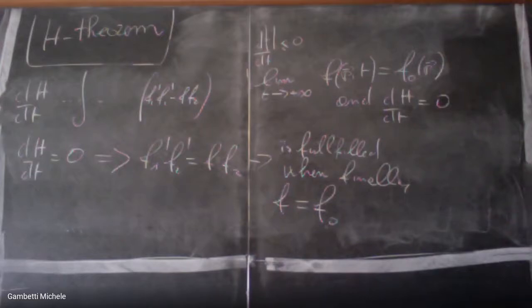Okay. So now about the H theorem, of course, there is a lot of discussion, and there have been also many numerical simulations to show that this theorem is correct.